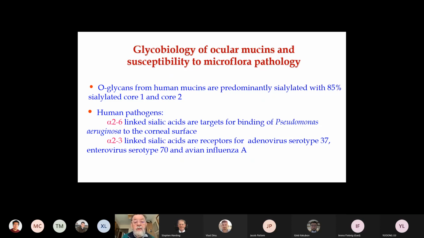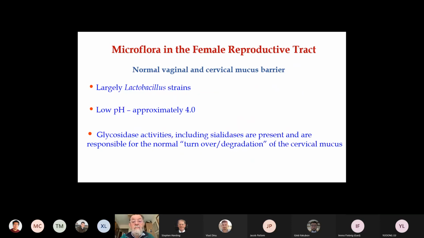The 2,6 links are targets for Pseudomonas aeruginosa binding, which is well known as a pathogen on the ocular surface. And in addition, the 2,3 linked sialic acids are receptors for several different viruses, including influenza virus. Next slide, please.